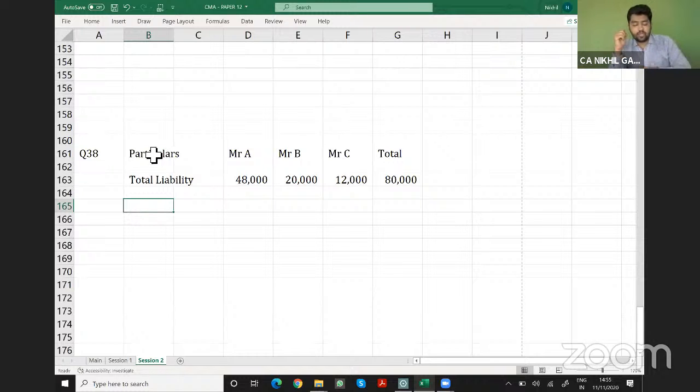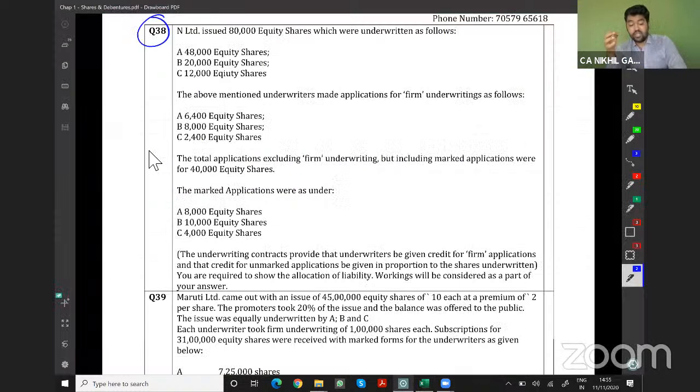Out of the total liability, we have received an application of subscription for 40,000 shares. So out of 80,000 shares, the public has applied for 40,000 shares. Very good.